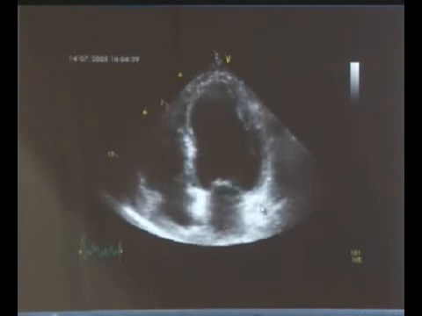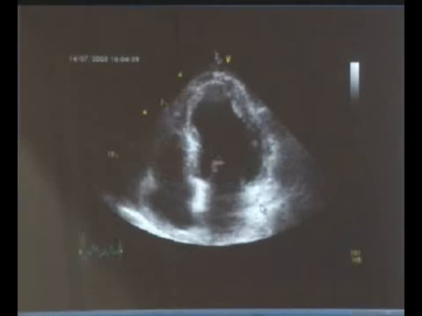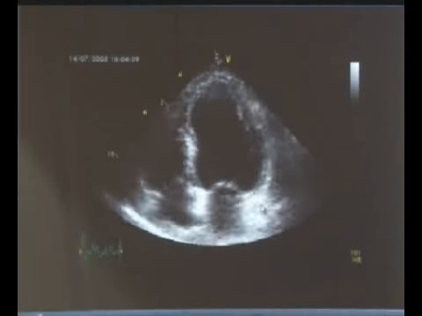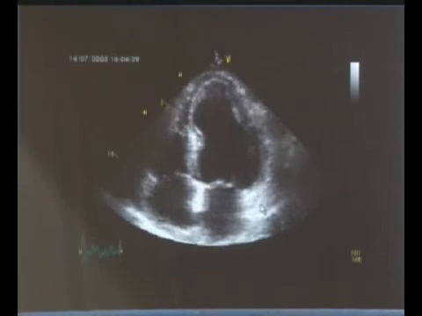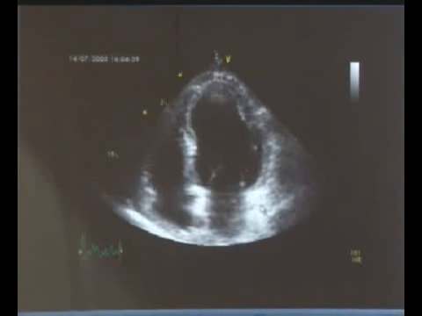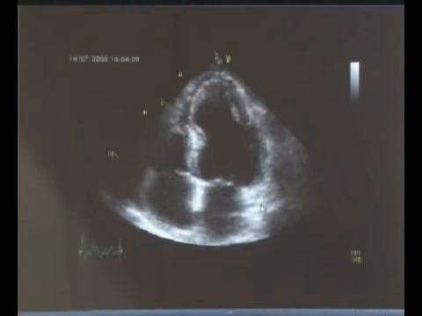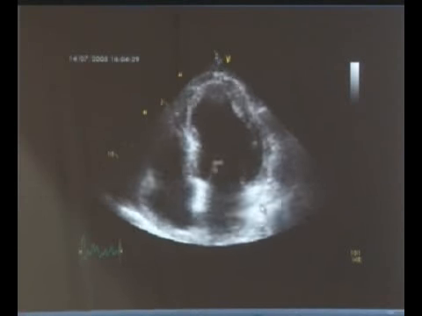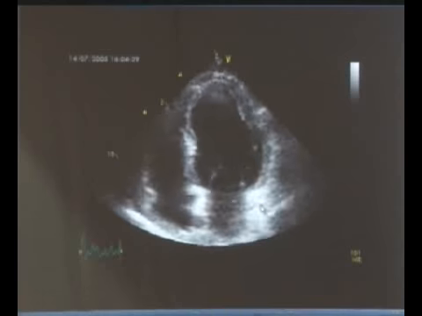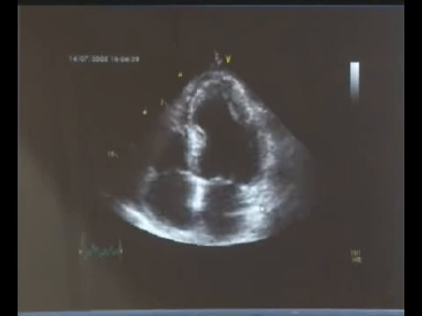But what is the most important feature of the right coronary artery? The right coronary artery also gives a side branch to the right ventricle and sinus node. So, if you have an associated right ventricular hypokinesis, you are doubly sure that we are dealing with a right coronary artery.